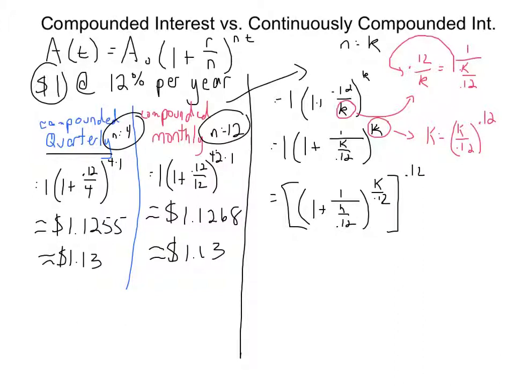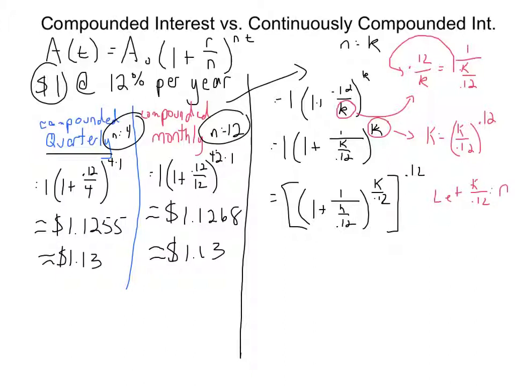So I've changed the way that it looks, but have I changed the value of the expression at all? No, I haven't. Now, what I'm going to do, and this is going to be awesome, I'm going to let k over 0.12 equal n.